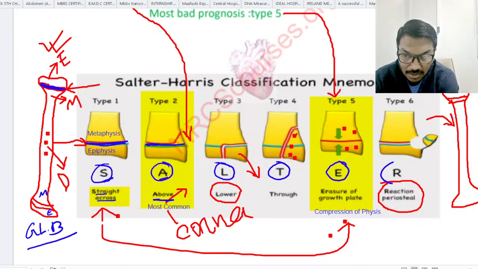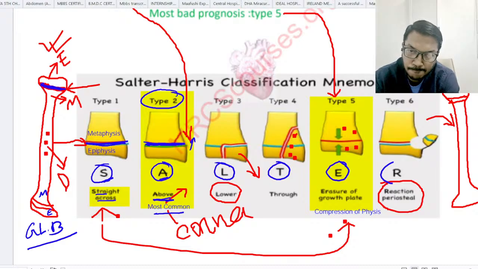Mainly everything is compared with this. If it is above, this is type 2, which is the most common type of Salter Harris fracture. It goes from the epiphyseal cartilage to the metaphysis.